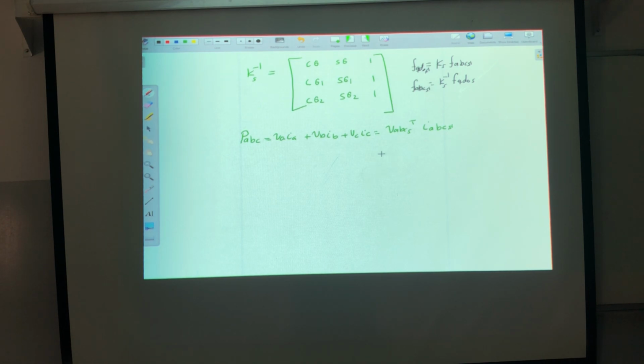So VABCS will equal KS inverse VQD0S, and IABCS equals KS inverse IQD0S. Right?